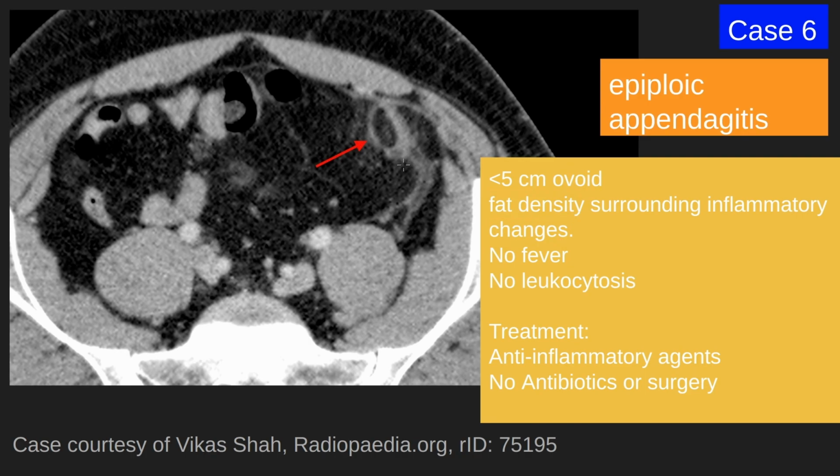These patients do not have associated fever or leukocytosis. They will have severe pain though, because of the ischemic necrosis of the fat in the epiploic appendage. The treatment of choice is anti-inflammatory agents. Antibiotics are not necessary, neither is surgery. Conservative treatment with anti-inflammatory agents is usually enough for managing these patients.